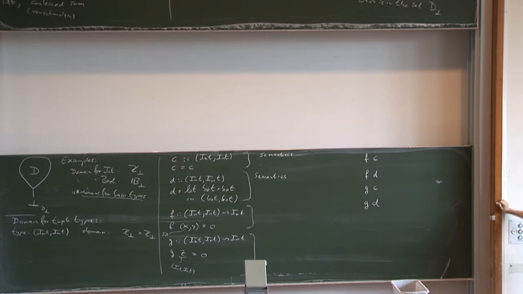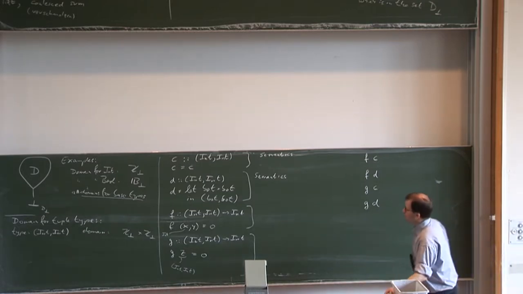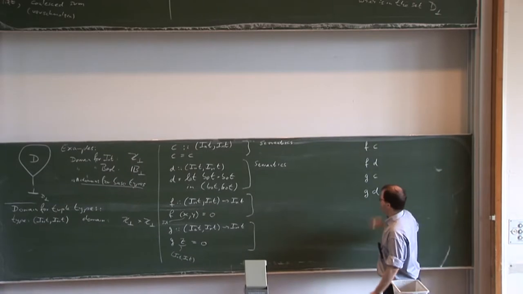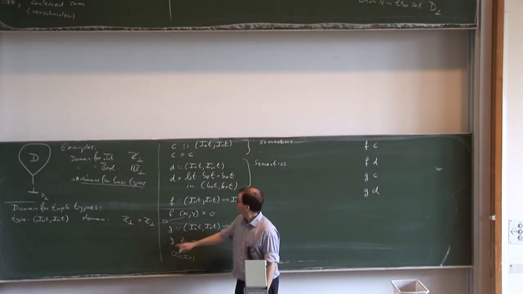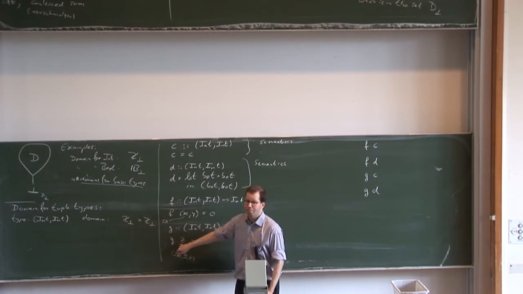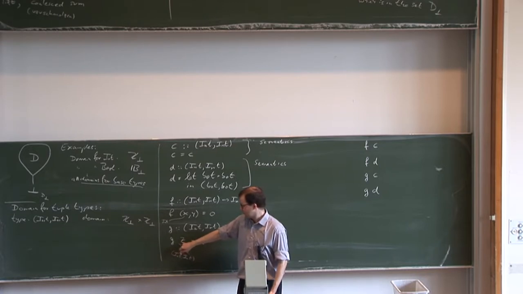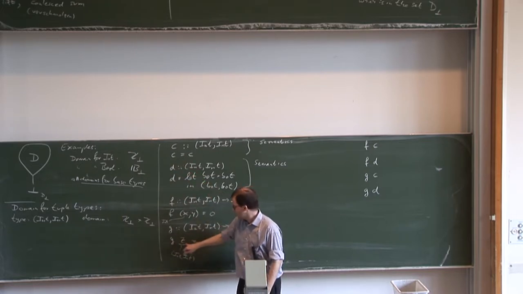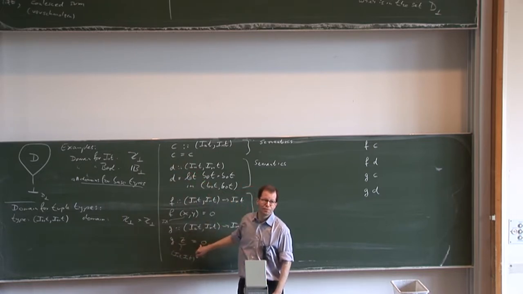Let's start with g. g is the easier case. So g of C. If you call g of C, what will happen? You will try outermost evaluation. Here you see the pattern matches. Z is a variable, it matches everything, so it also matches C. So g of C evaluates to 0 immediately.